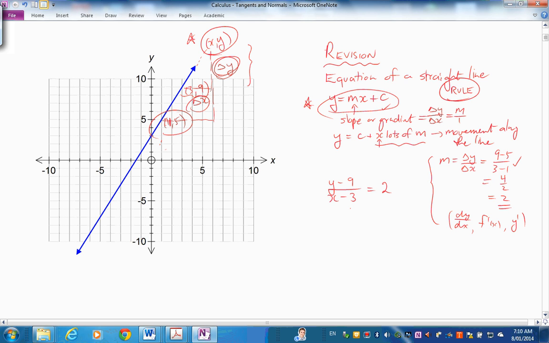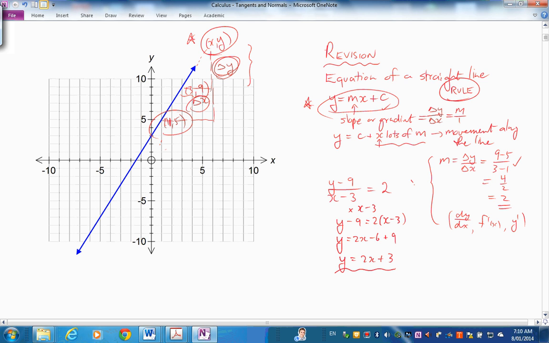Okay, what do you do here? Multiply both sides by x take 3. So y take 9 equals 2 times x take 3. y equals 2x take 6, add 9, so y equals 2x plus 3. Same answer, of course.